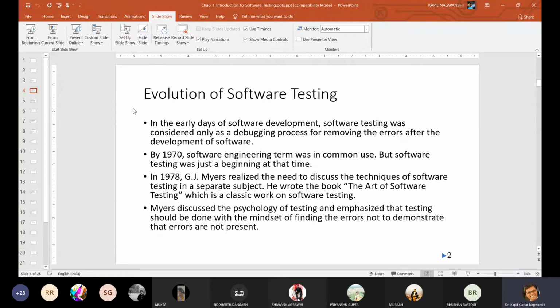How do you debug all these lines correctly? So it is a refinement process, a step by step process.